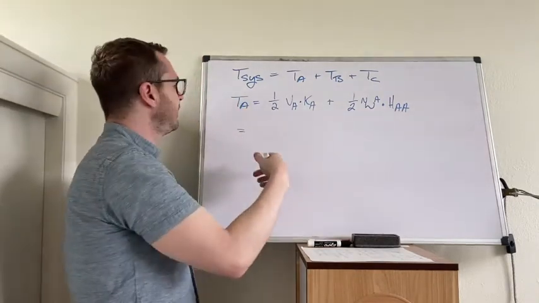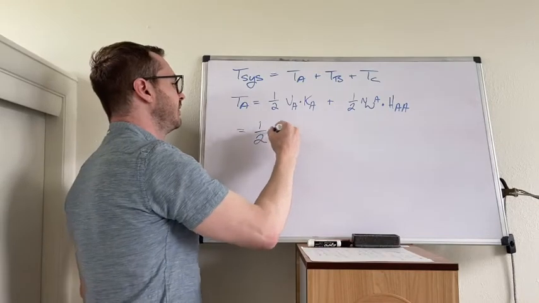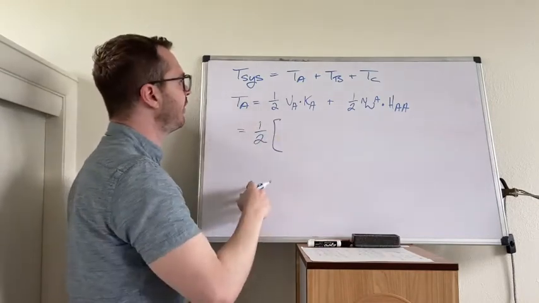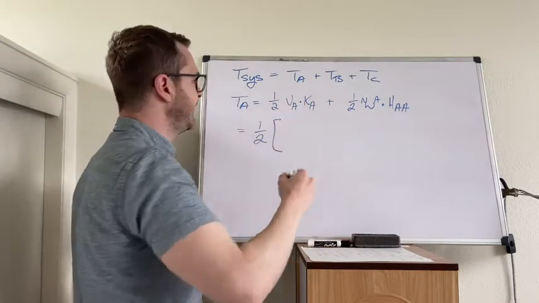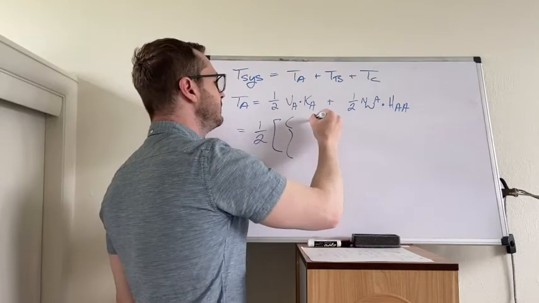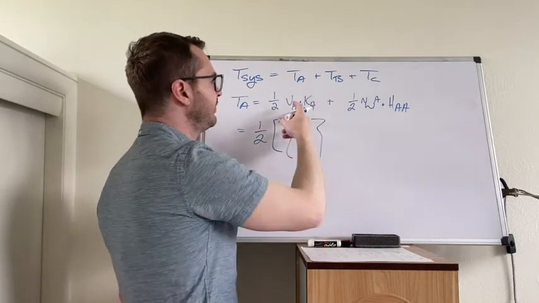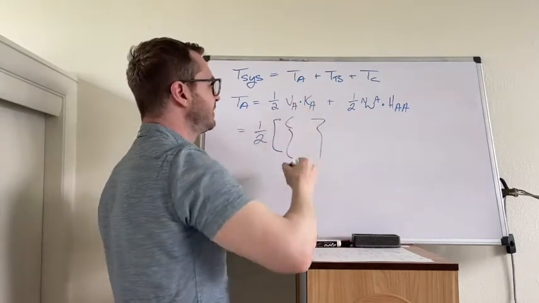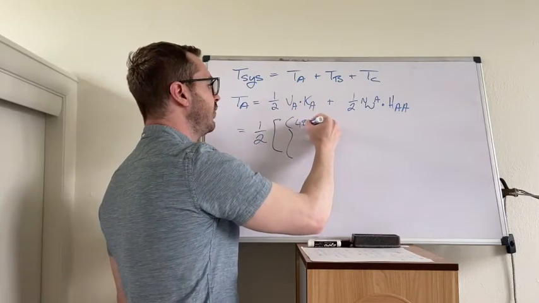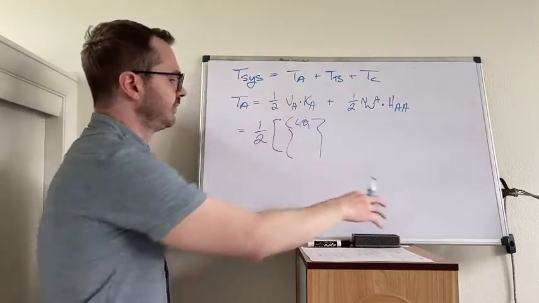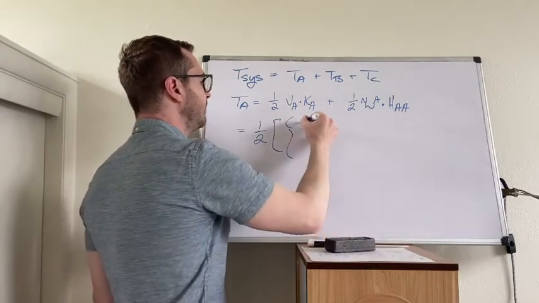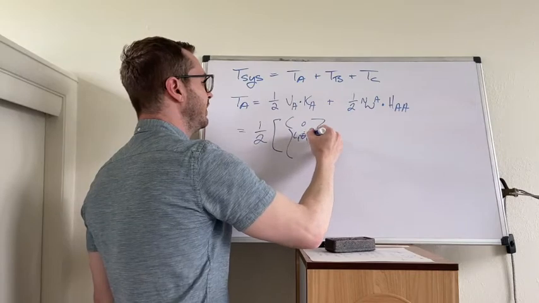So what all does this come out to be? Okay, I'm going to pull out the 1/2. I'm going to put a set of brackets around the whole thing. We have VA dot KA. I'm going to write these as vectors for this first part, just to show the dimensions. We said a few minutes ago this was L1 theta 1 dot.